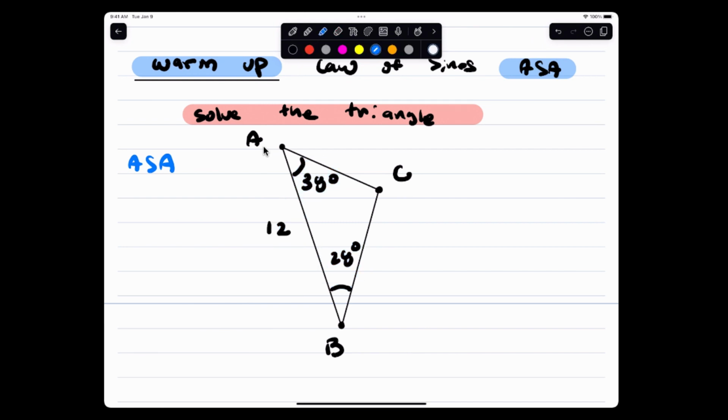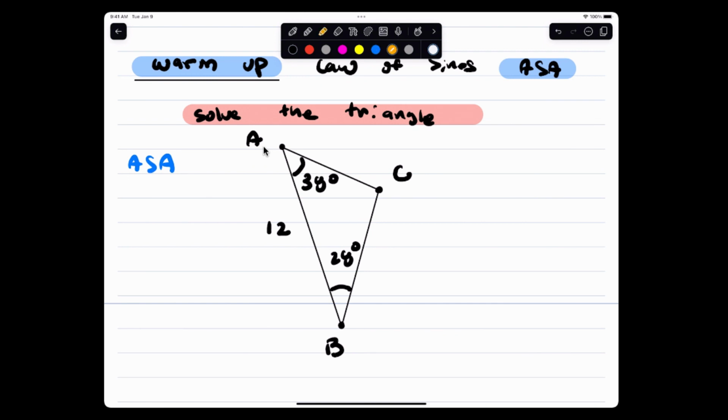So, ladies and gentlemen, let's take a look here. How would you begin to solve this triangle? Solving means you have to find every angle and every side. I'm going to give you guys time to do that, however, I'm going to get you started.